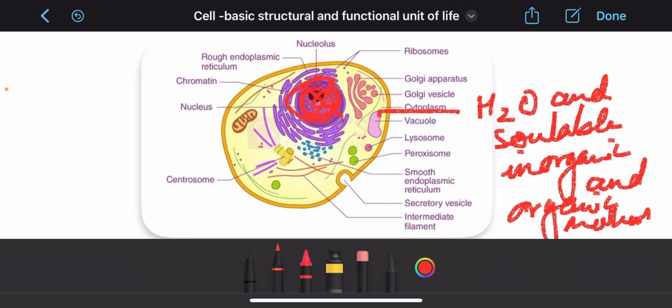Now, the cytoplasm consists different cell organelle. Like you can find mitochondria also, you can find lysosomes also, you can find centrosome also, you find peroxisomes also, the endoplasmic reticulum also, ribosomes also, Golgi apparatus also in the cytoplasm.